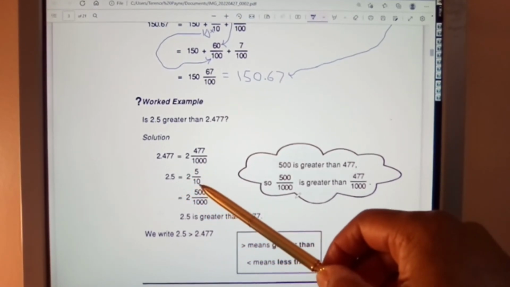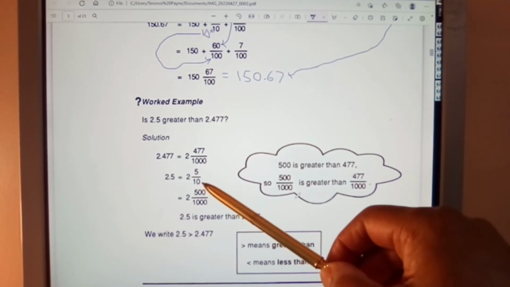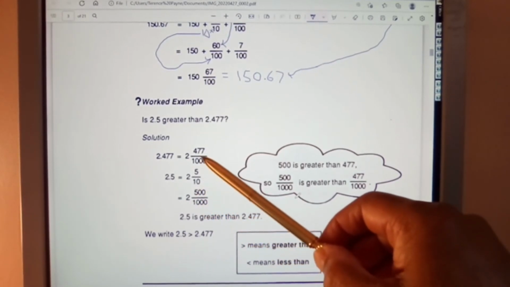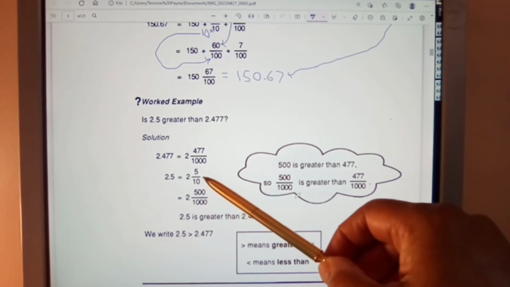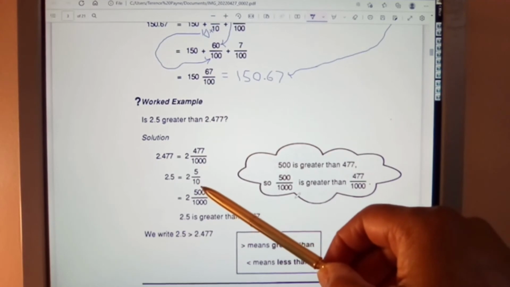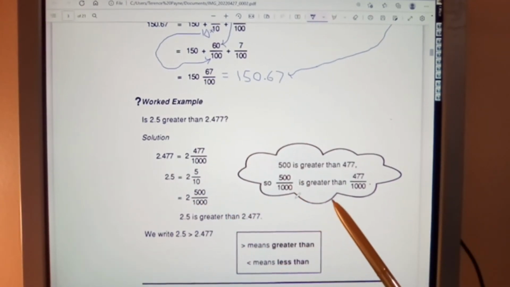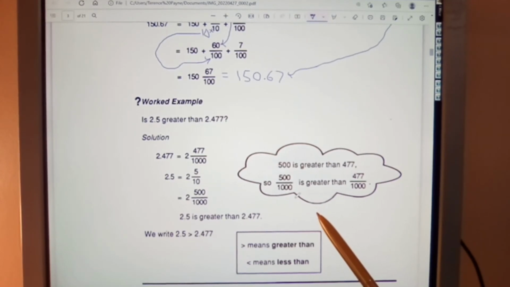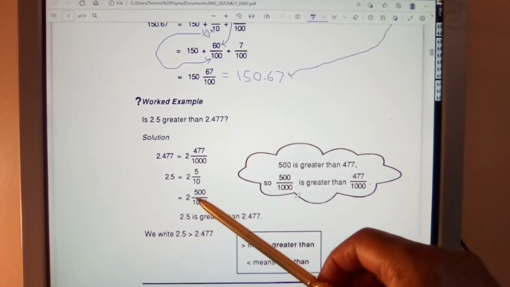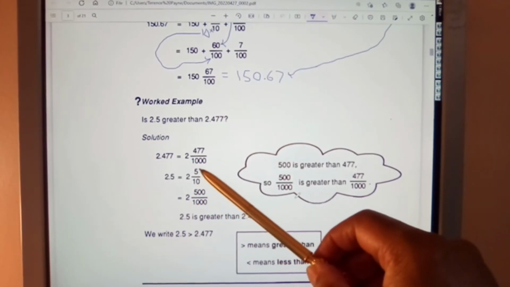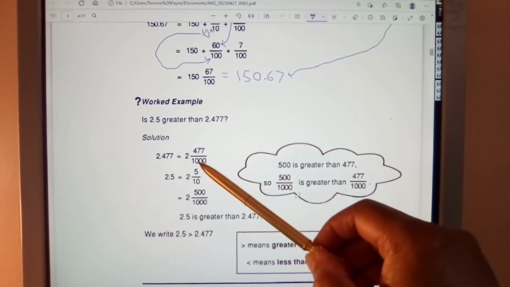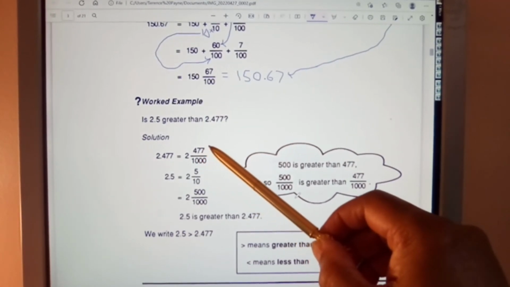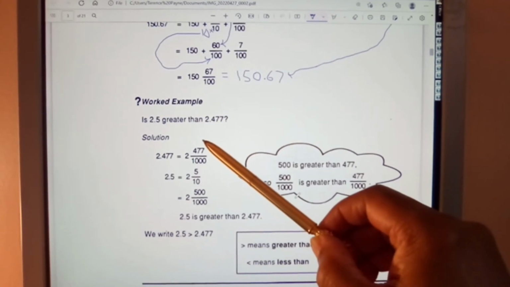We need to add these two together. As we bring this level up to equal the common denominator, this is our common denominator, the top number is our numerator, okay?